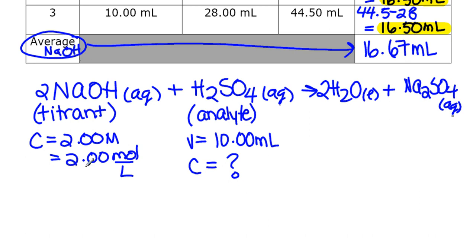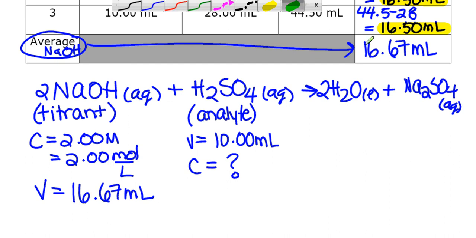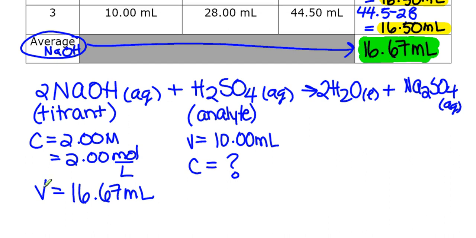So down here, we need a volume for our sodium hydroxide, and that's where the average number is going to come in, 16.67 milliliters. So let's make sure everyone remembers where that comes from. This is our volume here from the average. We're taking it from our experimental data.